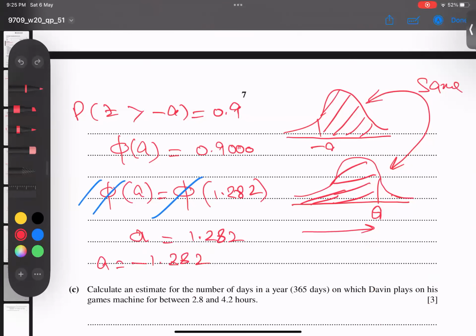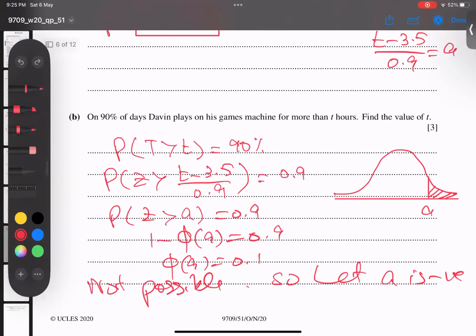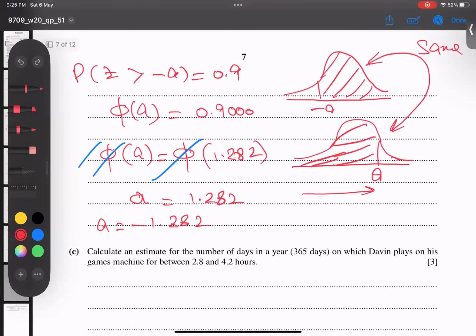And this value, students, I will plug in here: t minus 3.5 over 0.9 equals negative 1.282. Now I'm going to find it with the calculator.